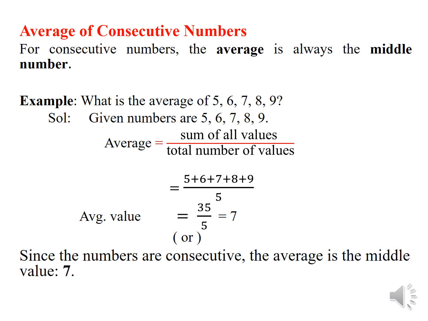After simplifying in the 5 table, we got 7. Therefore the average value is 7. As I just told you, without using this average formula also, we can conclude the middle term is the average of the given numbers whenever they are consecutive.